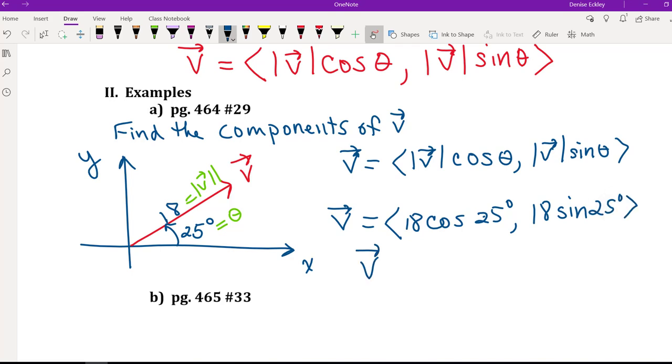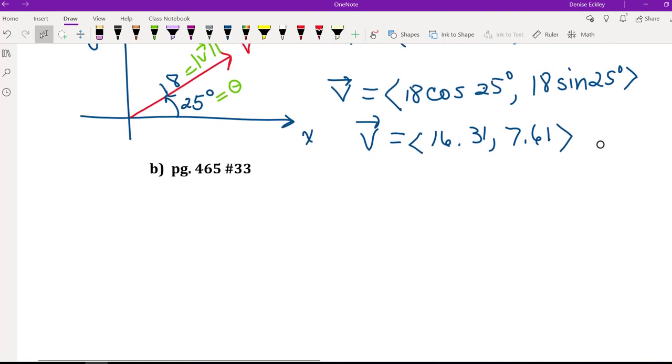When we put that in our calculators, we get 16.31, comma, 7.61. So that's how you can use the direction angle to find the component form of the vector.